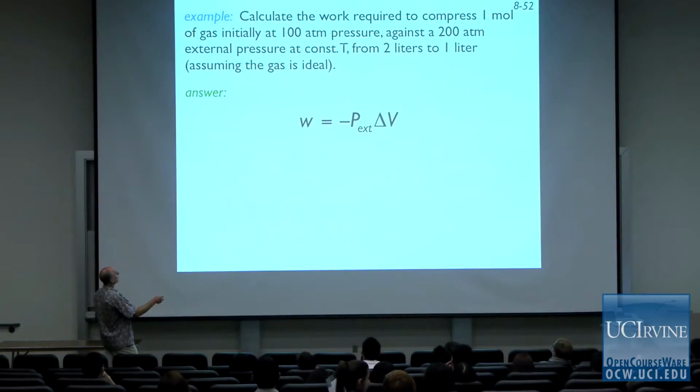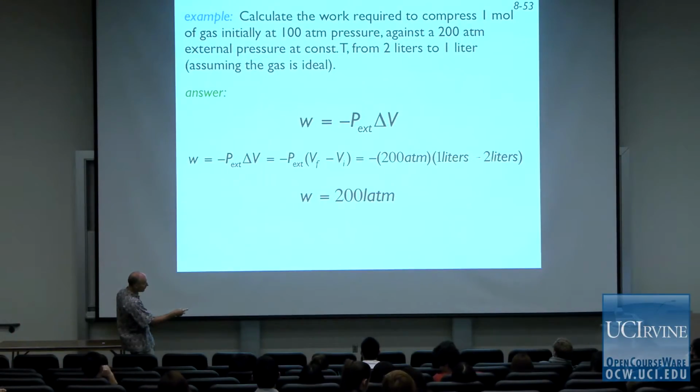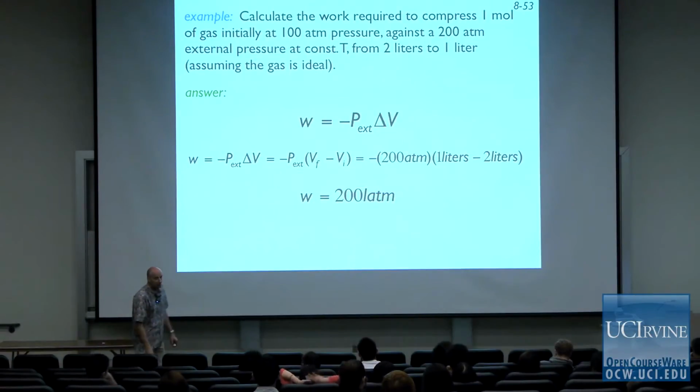So we need work equals minus P external times delta V. I can plug in the change in volume from 2 liters to 1 liter. 1 liter is the final volume, 2 liters the initial volume. We only need P external, against a 200 atm external pressure. My goodness. Okay, and so when I do this calculation, I get 200 liter atmospheres.